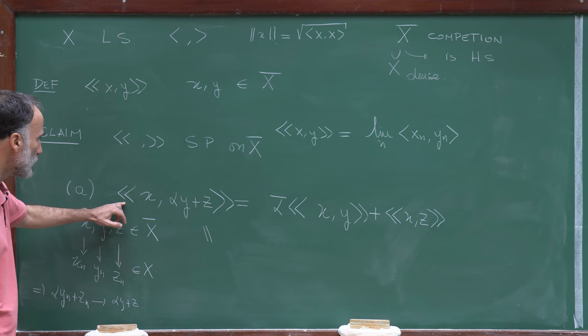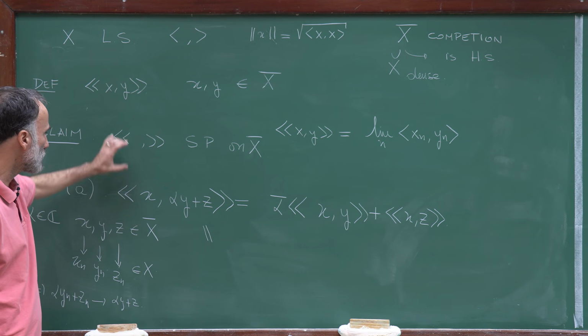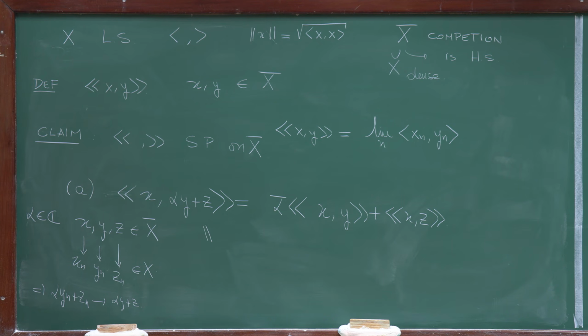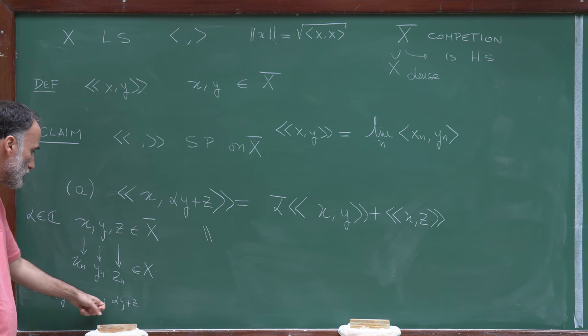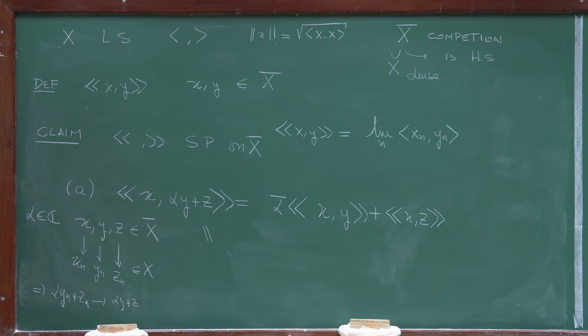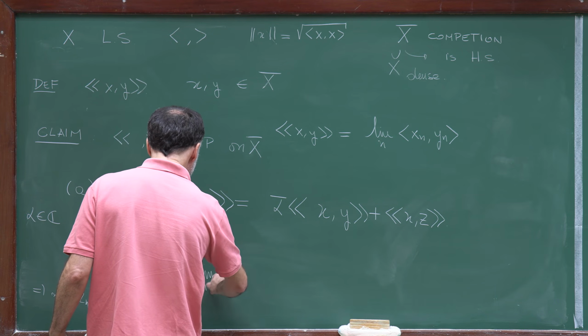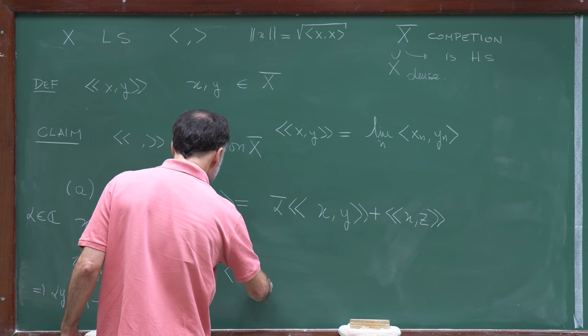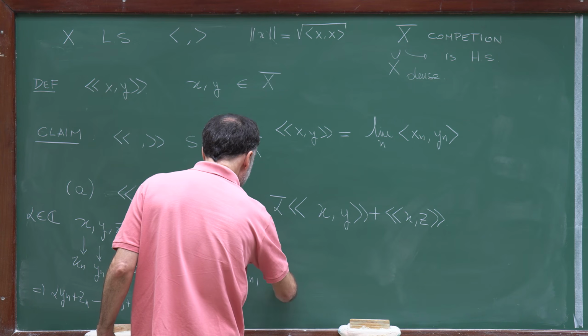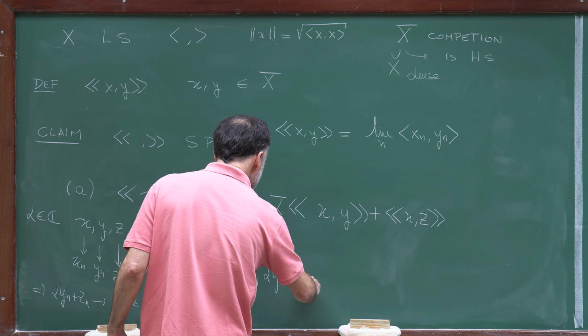So what I want to prove is that this object is a scalar product. By definition, since xn is converging to x and αyn + zn is converging to αy + z, and in the definition of this scalar product we can choose any converging sequence, this is the limit in n of ⟨xn, αyn + zn⟩.